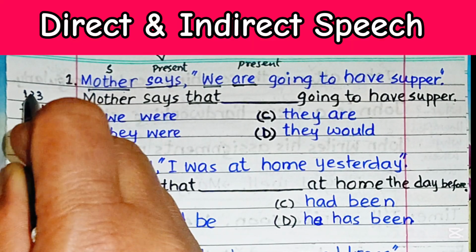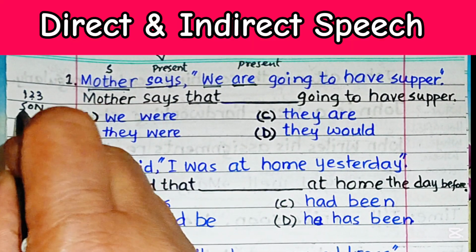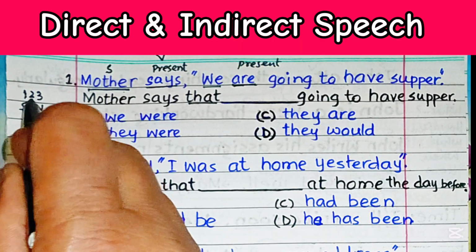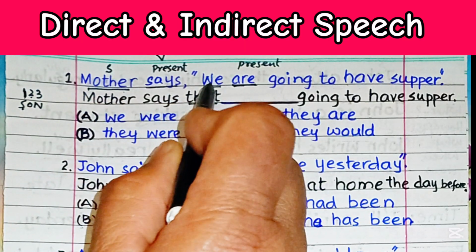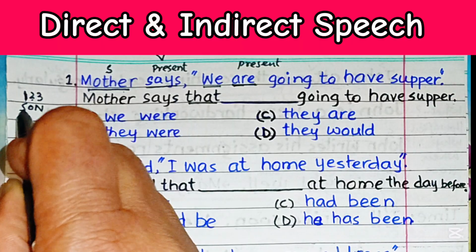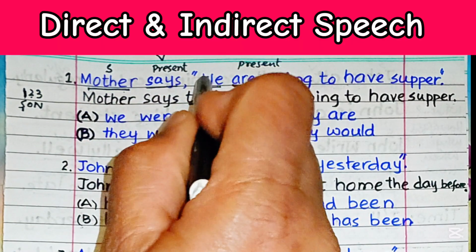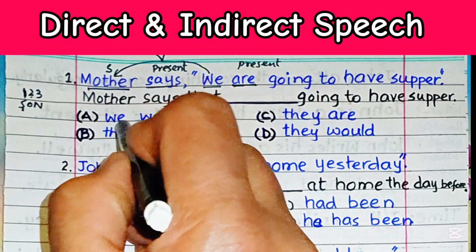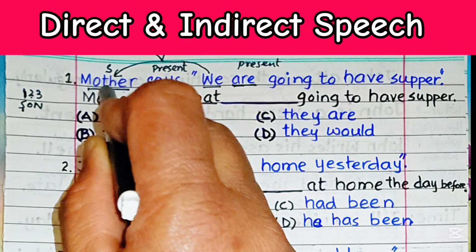First, second and third person, and SON: subject, object and no change. So if there is a first person pronoun in the reported speech, as this one is first person we, it is to be changed with the subject of the reporting speech. So we is to be changed with the subject, that is mother. So mother is going to be replaced by she.